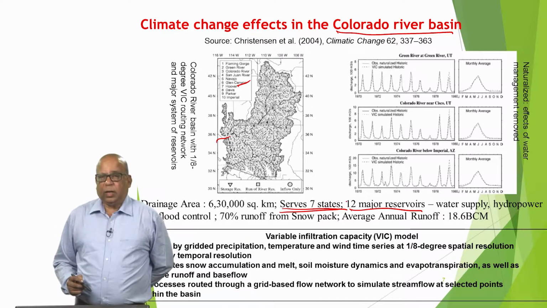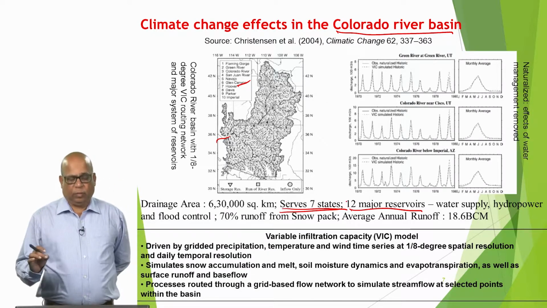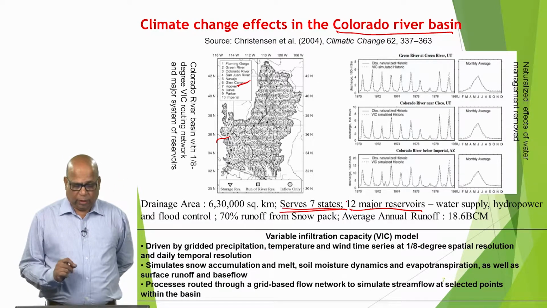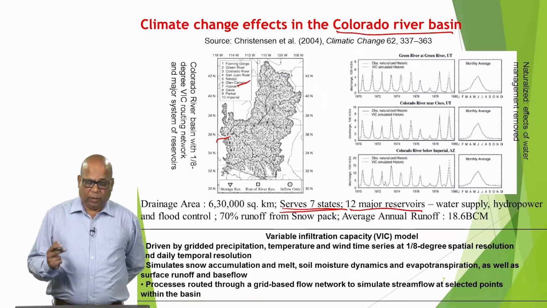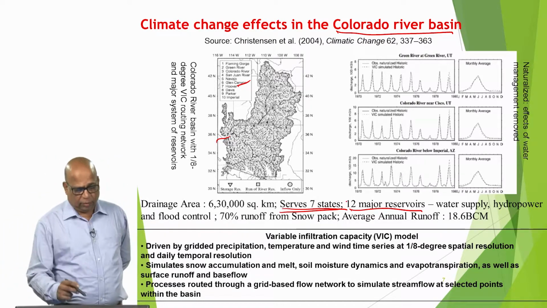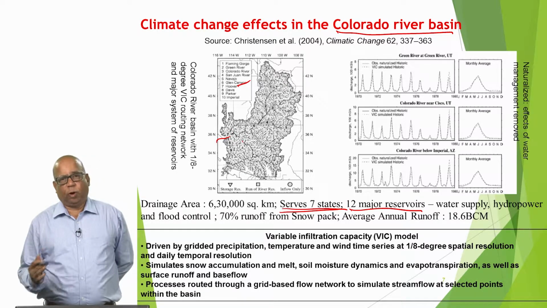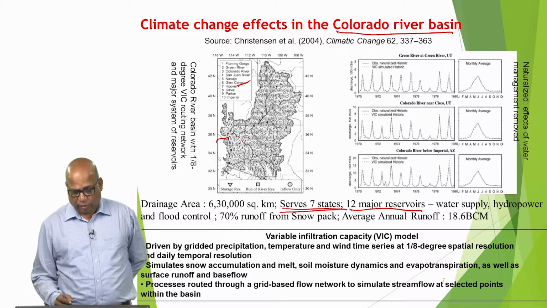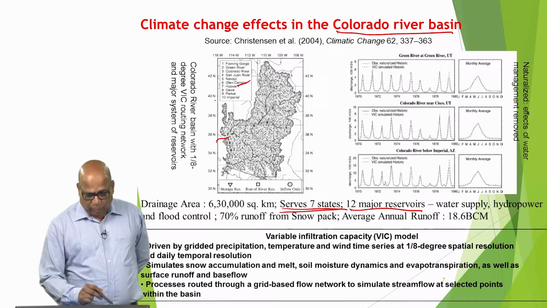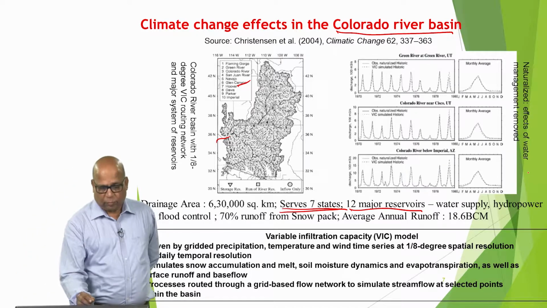So, much like it happens in India, there are also interstate conflicts for water sharing, or interstate issues, if I want to avoid the word conflict, associated with water sharing, and there is a famous Colorado Compact that governs the water sharing. Now, in this particular study, the reference is here.